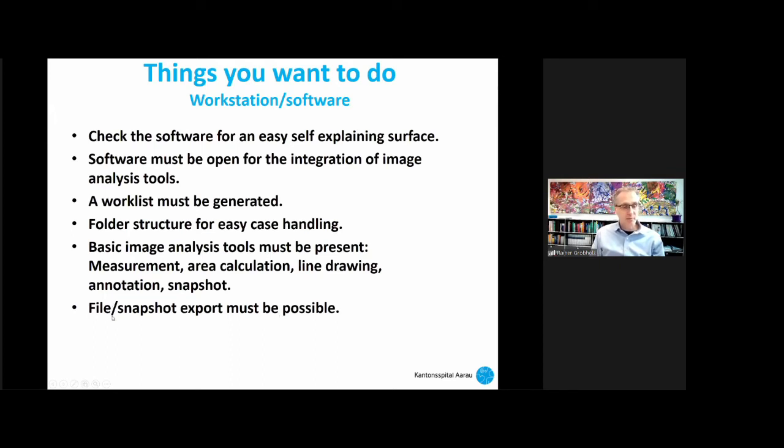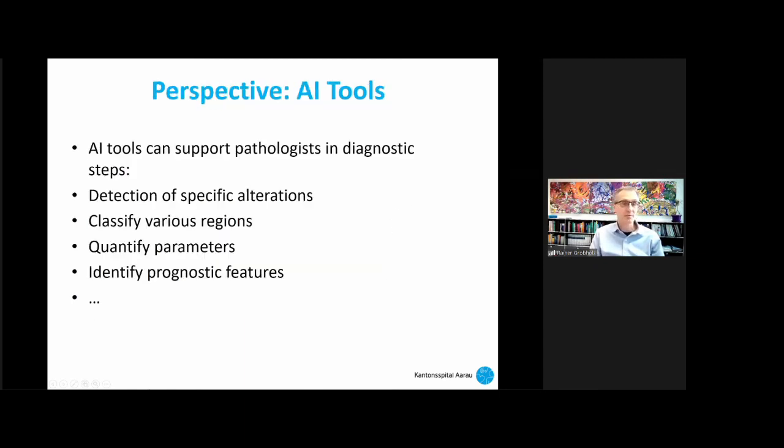That's very important, especially if you consider what we have been hearing about the image analysis tools or the artificial intelligence tools. So that brings us to the perspective of the AI tools. As we heard, that can support the pathologists in diagnostic steps, detection of specific alterations, classifying and quantifying parameters, and identifying prognostic features.